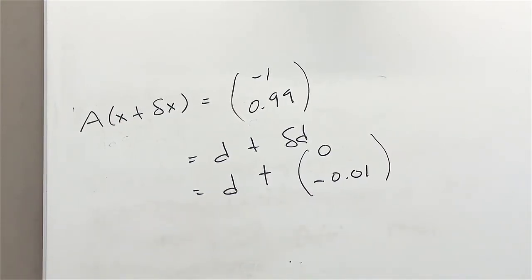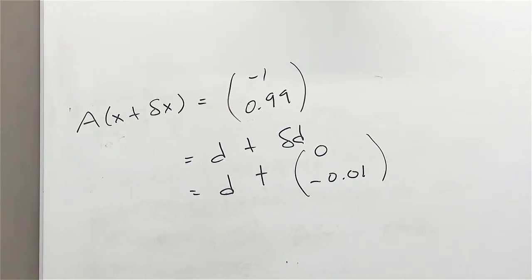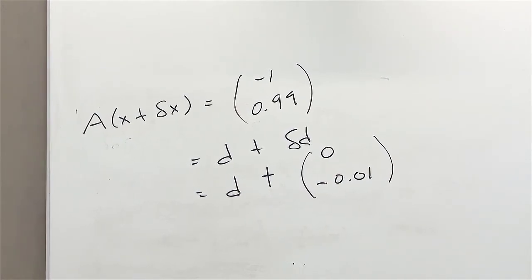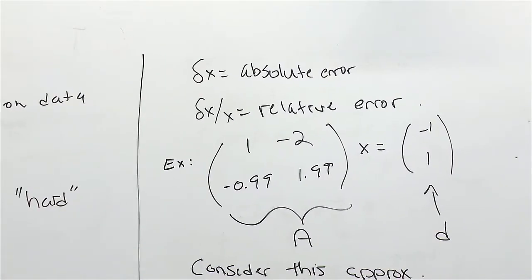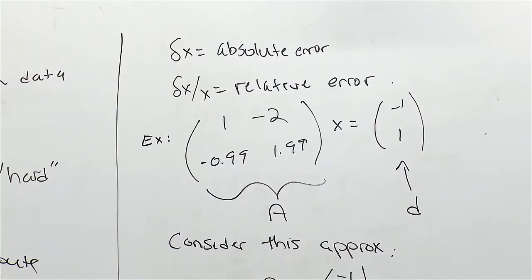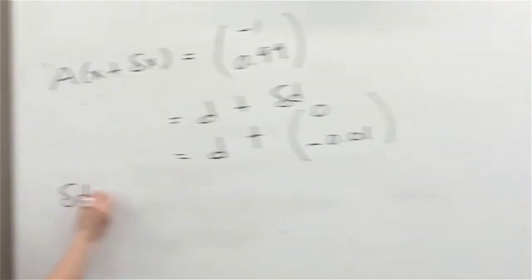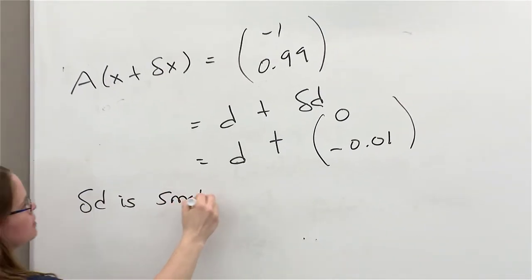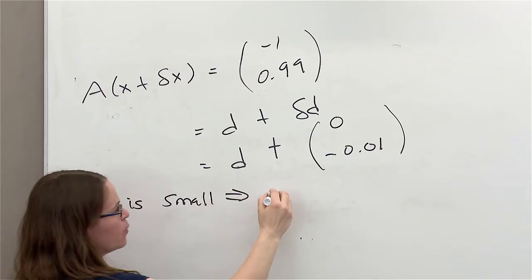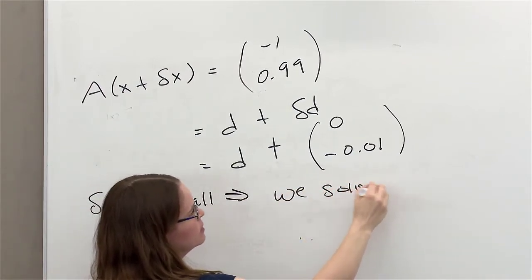That's what we wanted. A small delta d, a small error in our data, means we haven't solved the exact problem, but we've solved a pretty nearby problem, nearby to within 1%, say. So delta d is small, which implies that we solved a nearby problem.